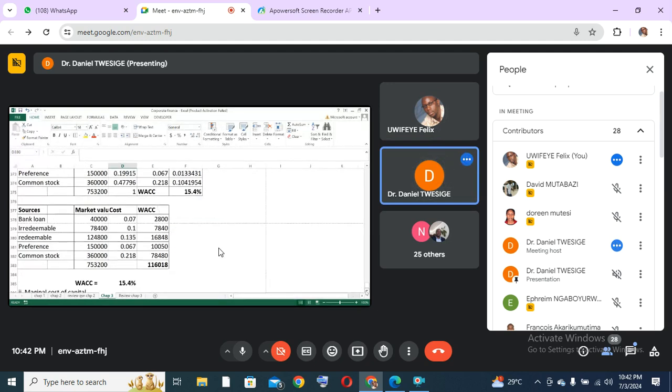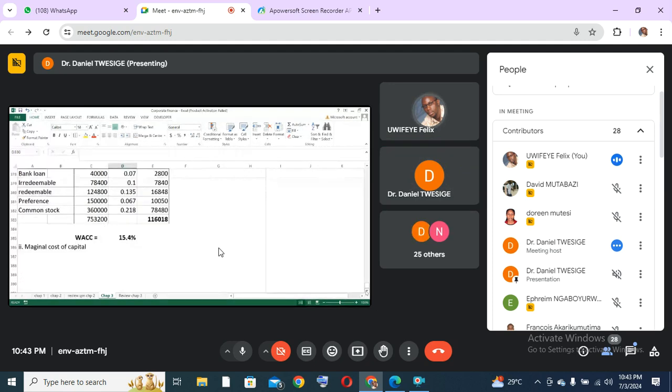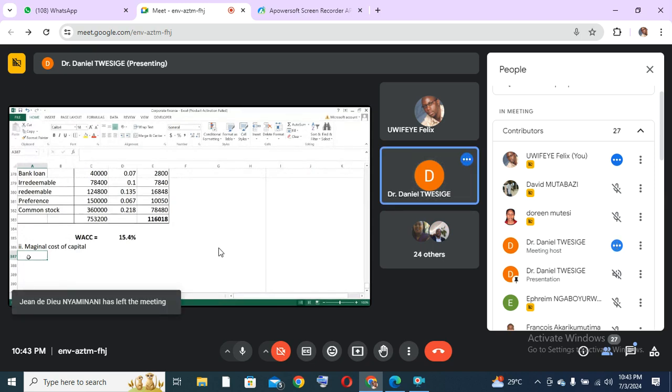Can we go on? Yes. Okay, I want to look at this marginal cost of capital. And you remember we said it is the additional cost, the cost on the new sources of funds that have been raised.